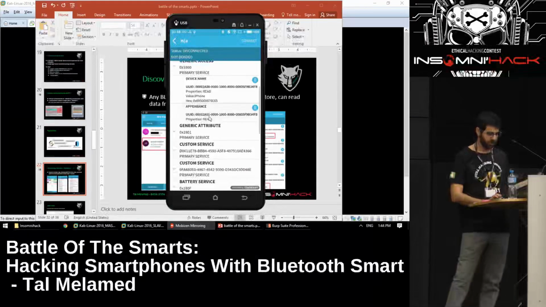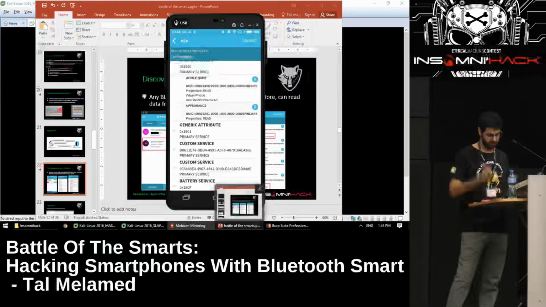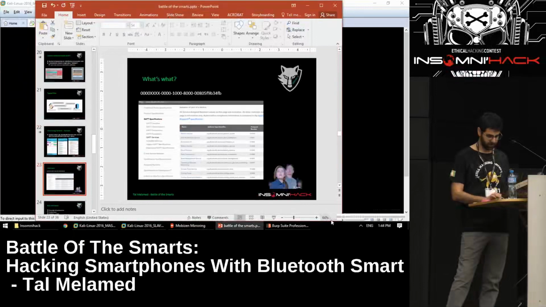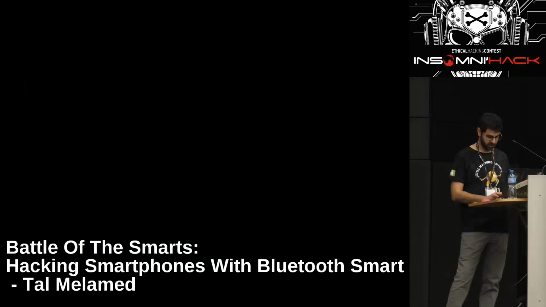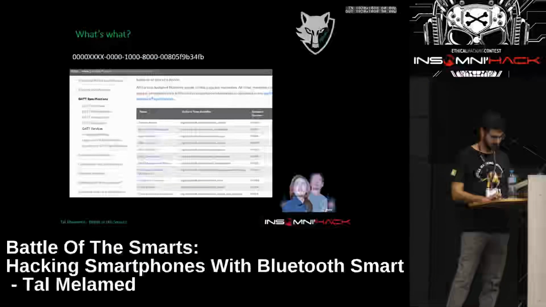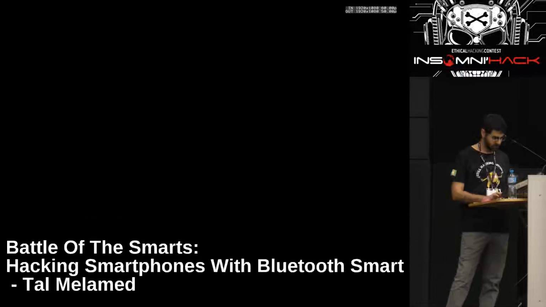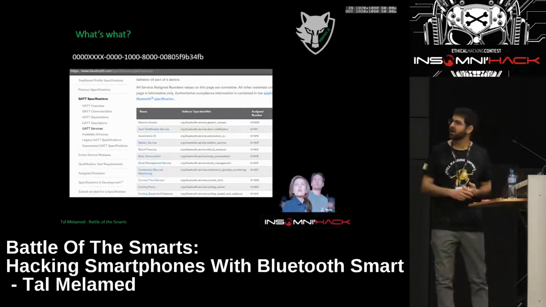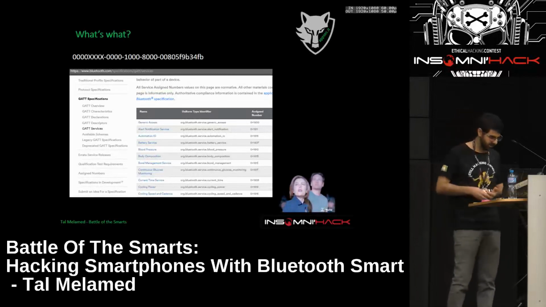So if I take this ID, at least the first part of the ID, I can look for it on the Bluetooth website. Then I can see what these IDs actually mean.